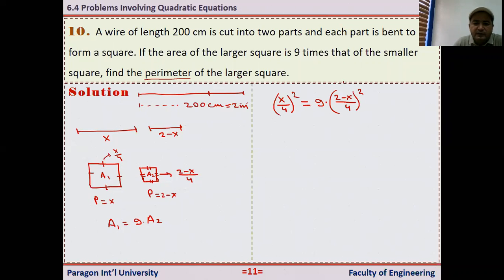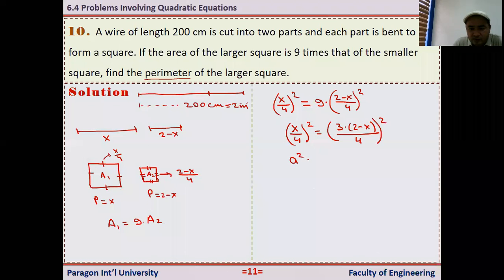Okay, I can just bring this 9 inside. Then we will have x over 4 squared equal to 3 times 2 minus x over 4 squared, right? Just take this out, it will be 9.